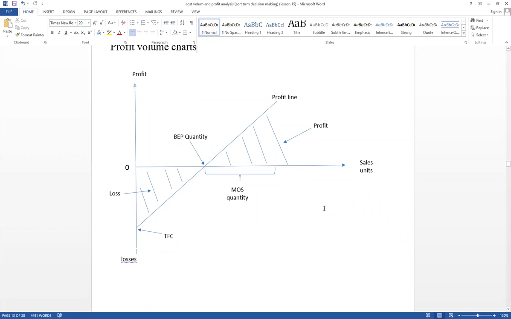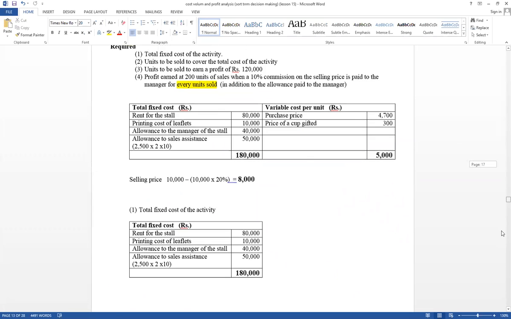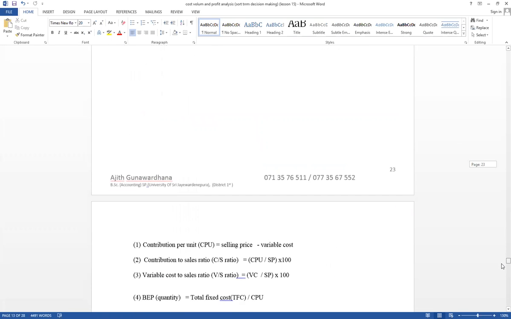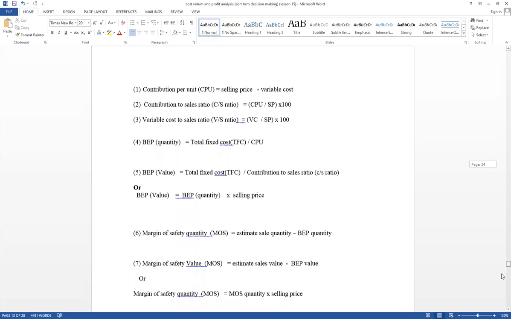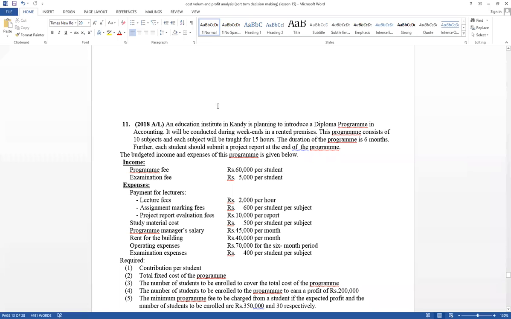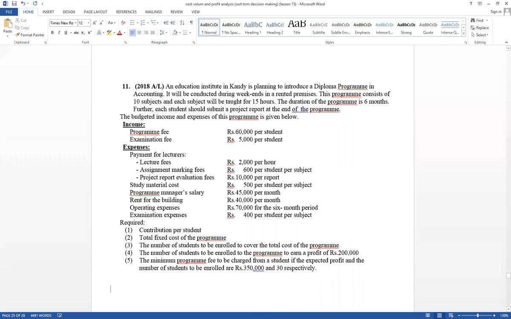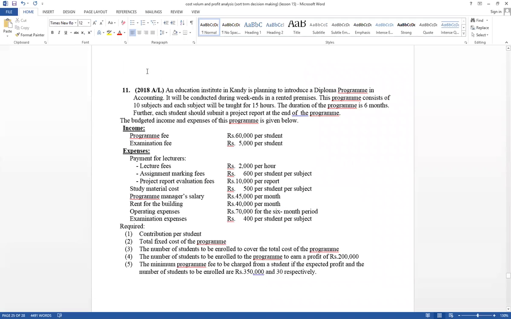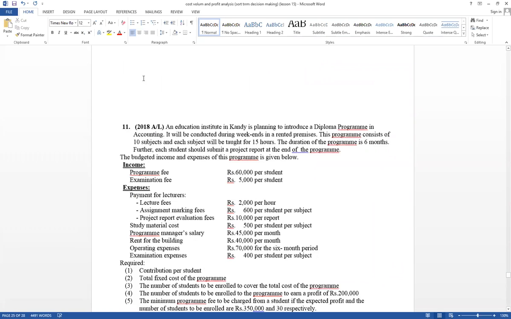Right now, think about this example. Before you start the sum, you have to recognize variable cost per unit and total fixed cost as well as selling price per unit. This is a 2018 paper.